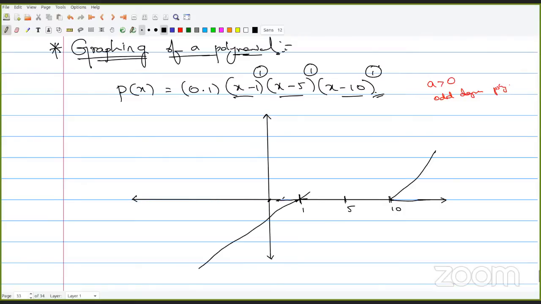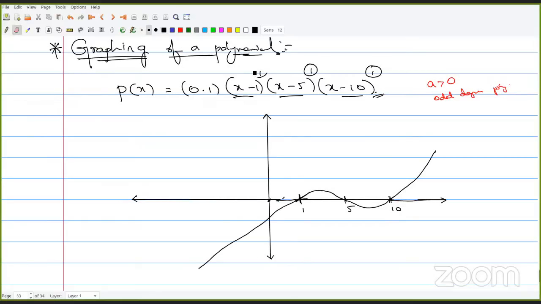How many times that root is repeated. So here everything is 1. So every root has odd multiplicity. So everywhere the graph cuts the x-axis like this.